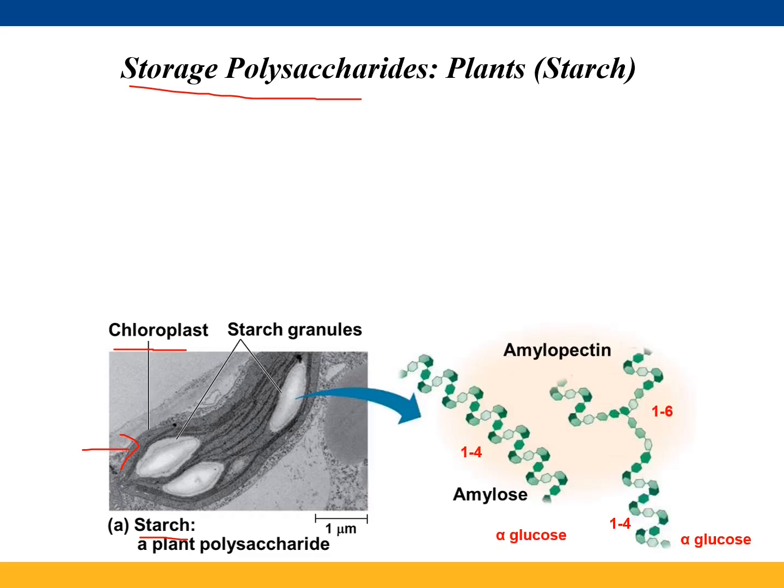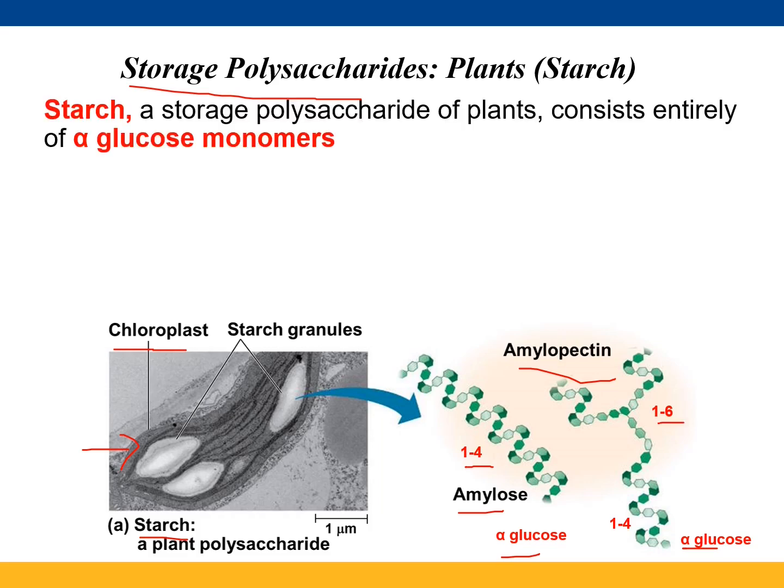There are two main components of starch, one that is amylose and the other one that is amylopectin. They're very similar, both have alpha glucose monomers, but the difference is in the type of glycosidic linkage. One is between carbon 1 and 4, and the other one is between carbon 1 and 6.